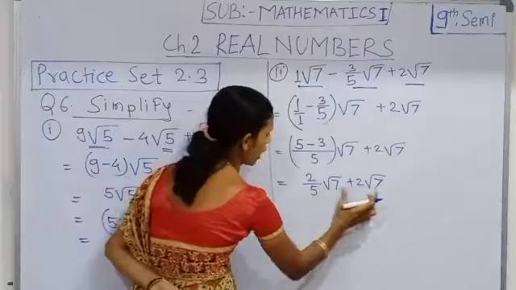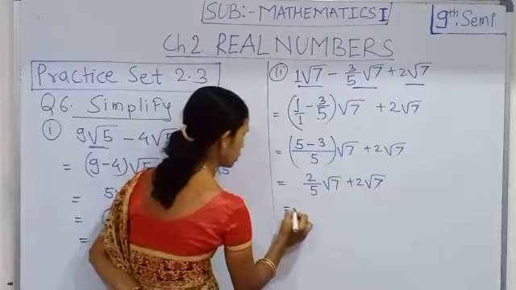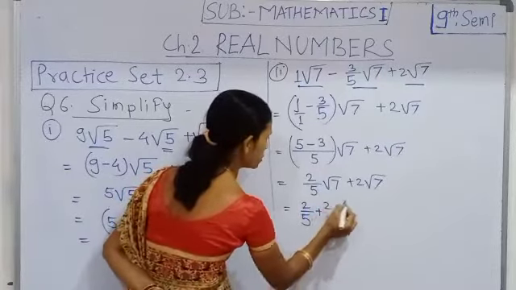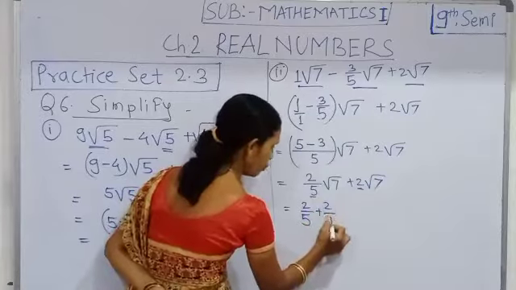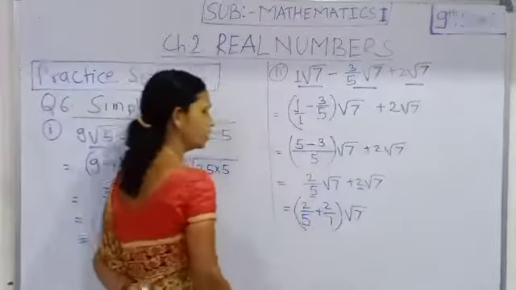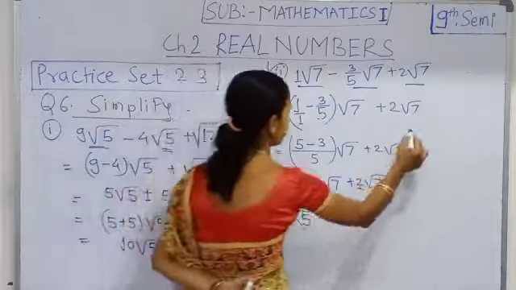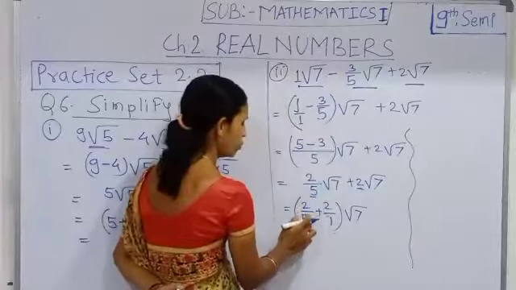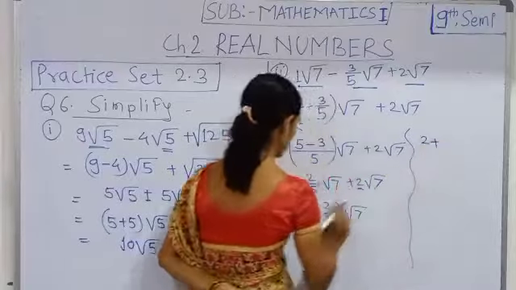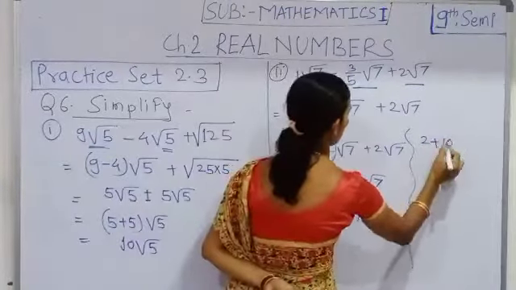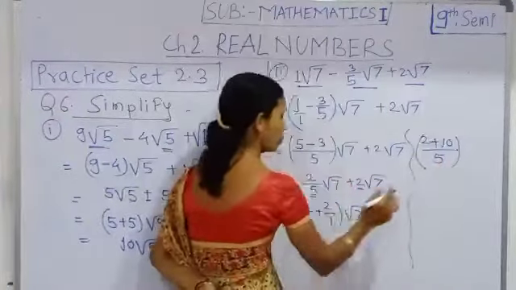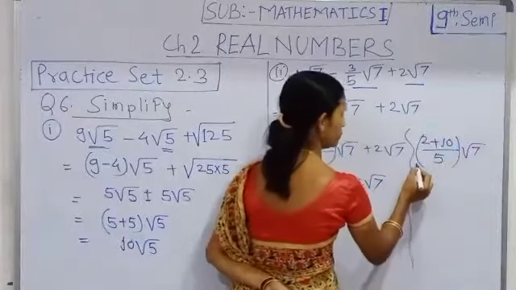Then both are also like surds. Therefore 2 upon 5 plus 2, and that 2 means 2 upon 1, taken in a bracket, and common root 7 is written here. Therefore 2 upon 5 plus 2 upon 1 means 2 into 1 is 2, plus 5 into 2 is 10, upon 5 into 1 is 5, root 7.